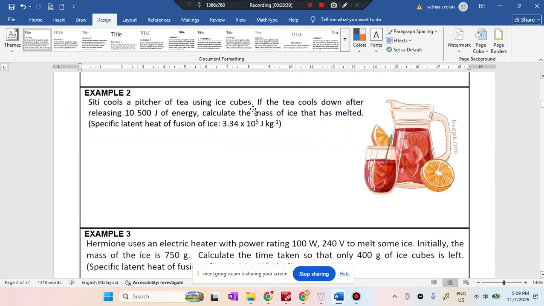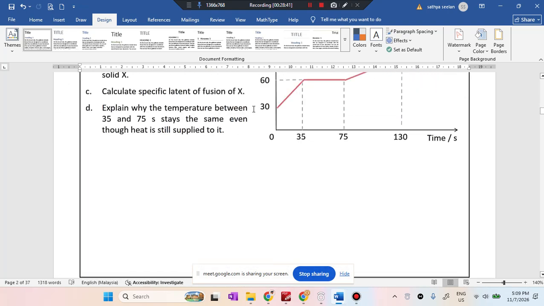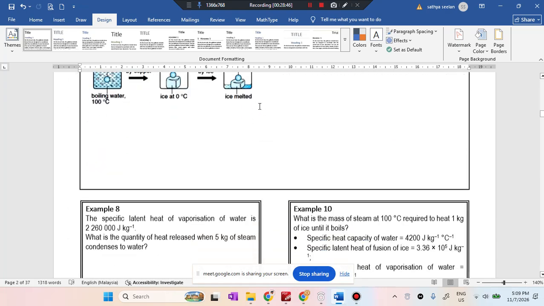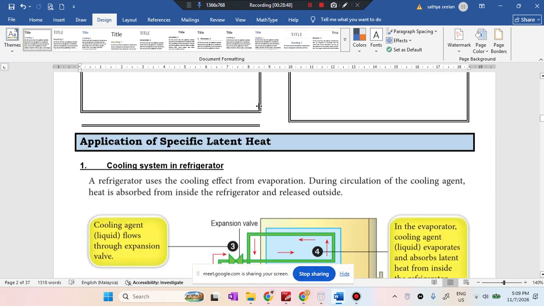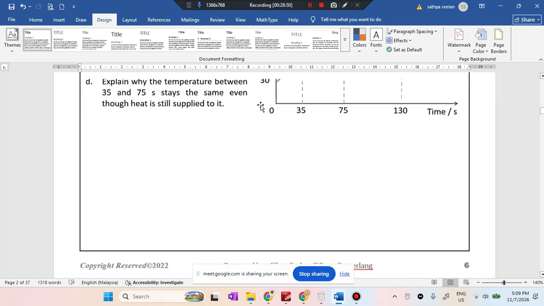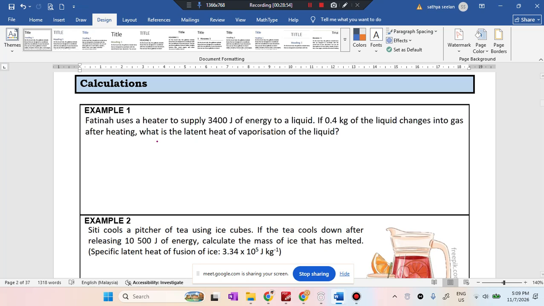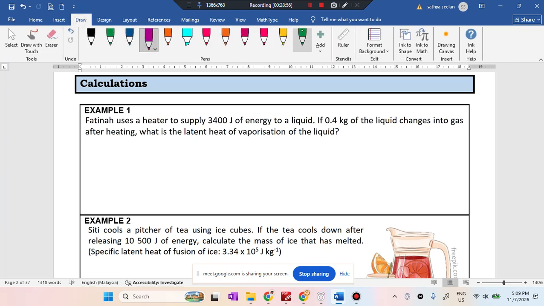Alright. Sekarang kita masuk calculation. Cikgu akan tunjukkan 6 calculation saja. 7, 8, 9, 10, itu your own practice. 7 hingga 12 tu. Okay. Now. Fatina used a heater to supply 3,400 joule of energy to the liquid.